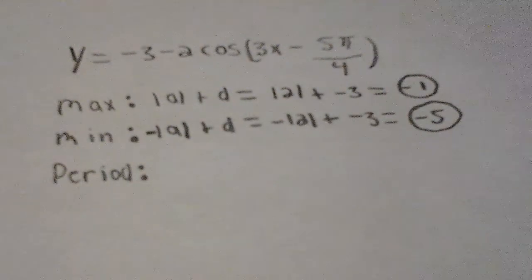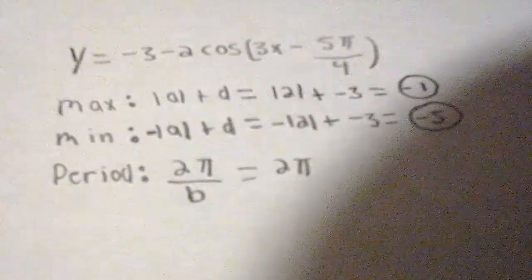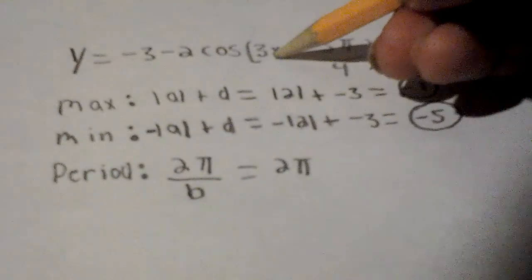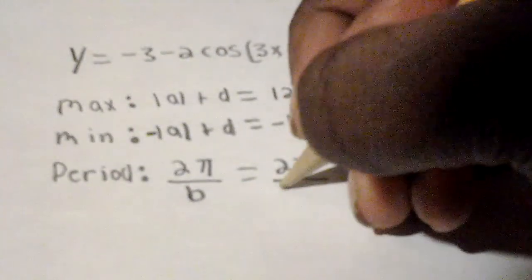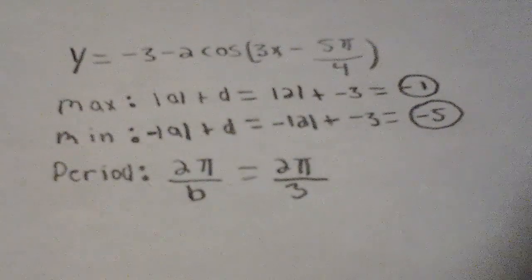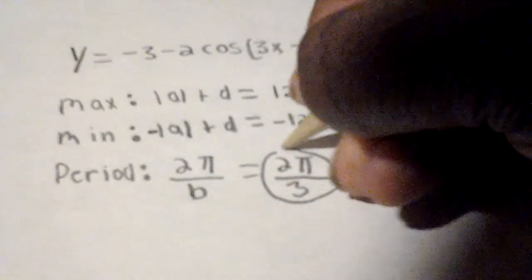Next, we'll find our period. The formula for period is 2 pi over b. I'll carry my 2 pi over here, and my b, which is 3. They're not asking for the x, so just leave the x up there. And that is my period.